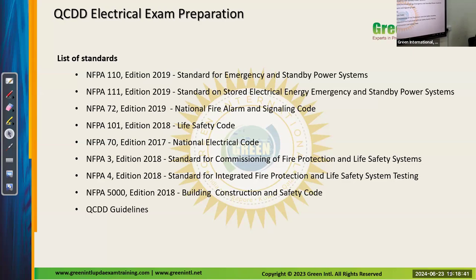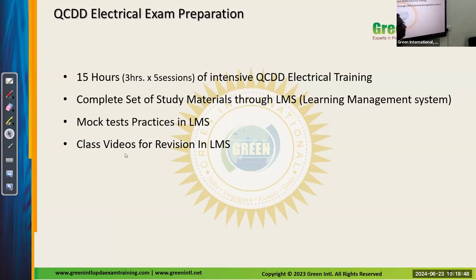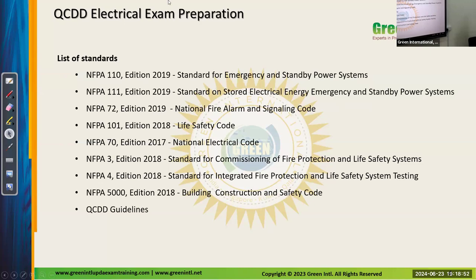So for easy understanding of the concept, or to get the marks easily, we may group them. So NFPA 110, 111 are more or less similar.